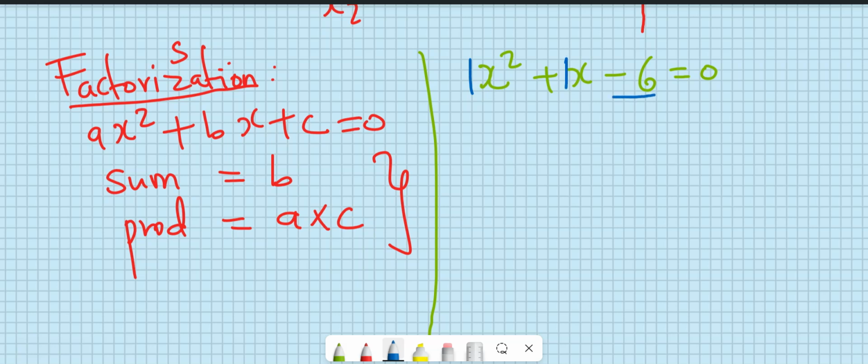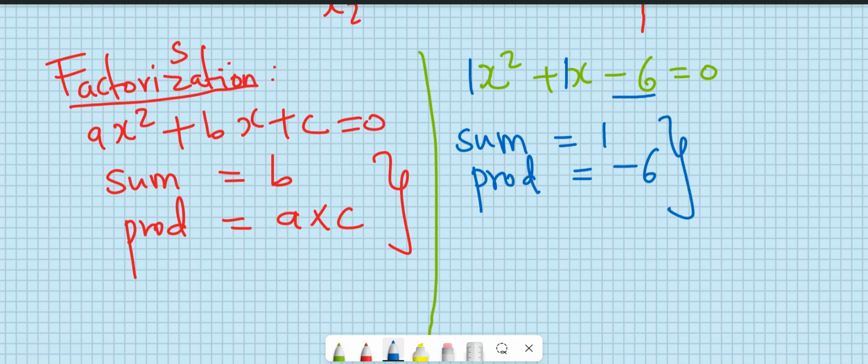So what it means here is we're supposed to find two numbers whose sum is 1 and whose product is negative 6, because 1 times negative 6 is negative 6. Now that I've done these questions so many times, the two numbers are simple: 2 and 3, but we need to know which one is negative.